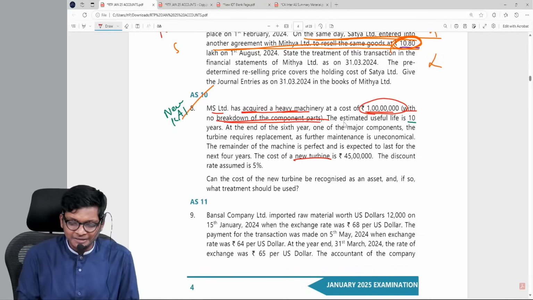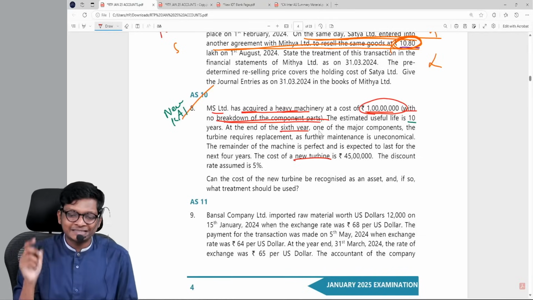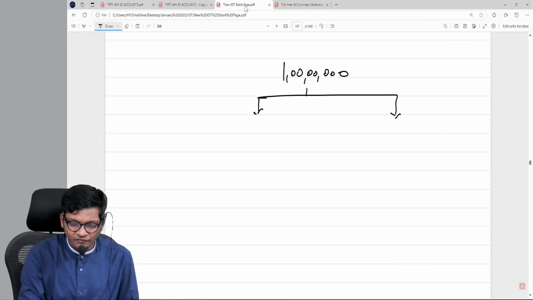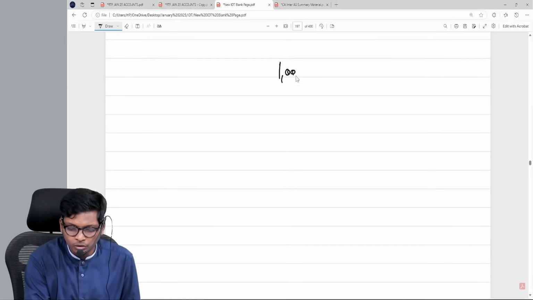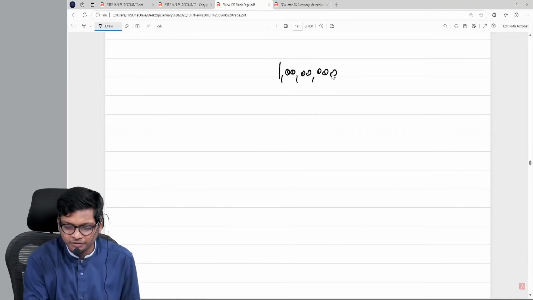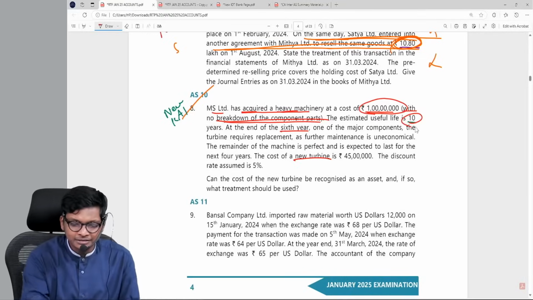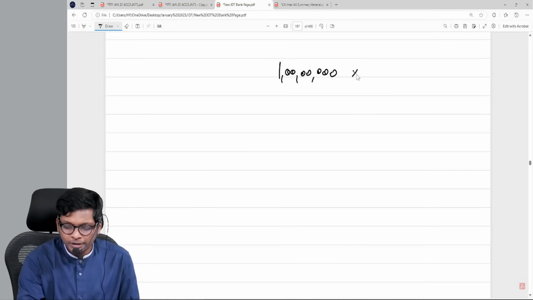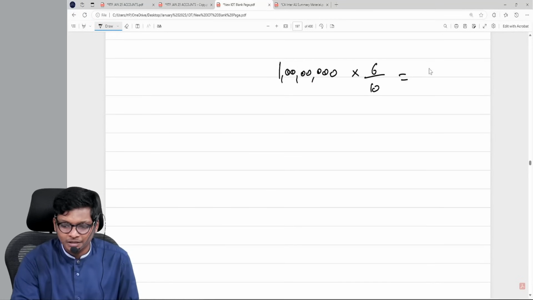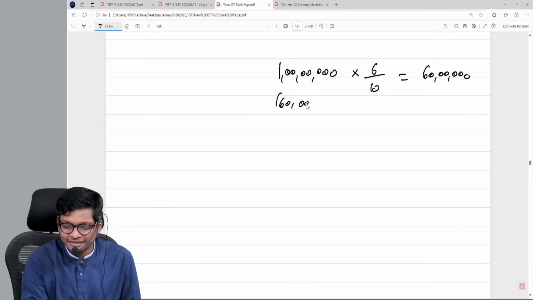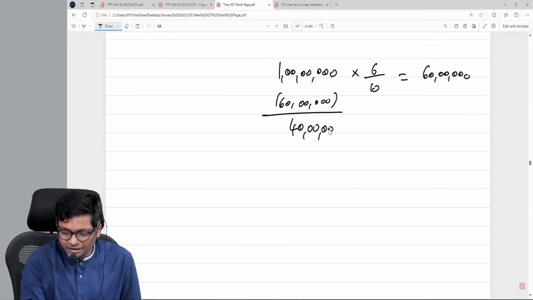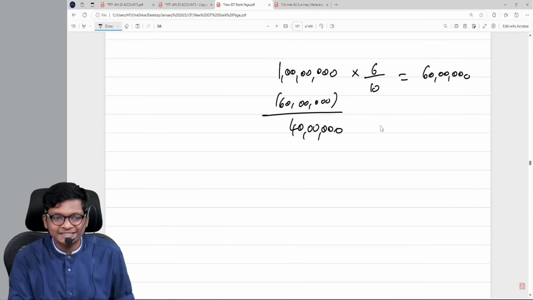When this replacement is happening at the end of the 6th year, that means first for this 1 crore, let me provide depreciation for 6 years. What rate they are using here? 10 years, straight line method. So into 6 by 10, how much? 60 lakhs I will reduce as depreciation. My remaining asset now is 40 lakhs at the end of the 6th year.